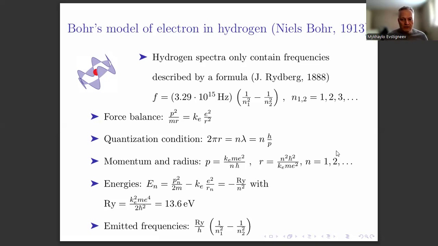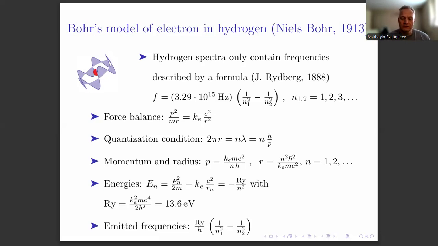The frequencies found in the spectrum of hydrogen are well described by an empirical formula introduced by Johannes Rydberg in 1888, 25 years before Niels Bohr published his model.